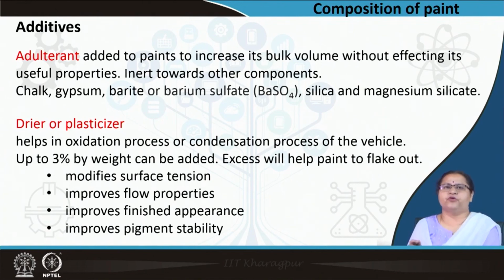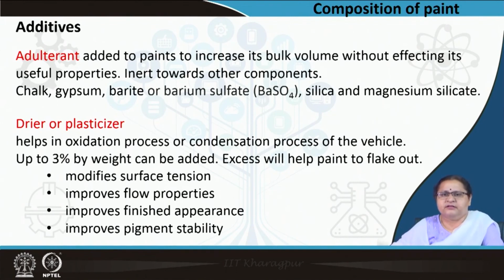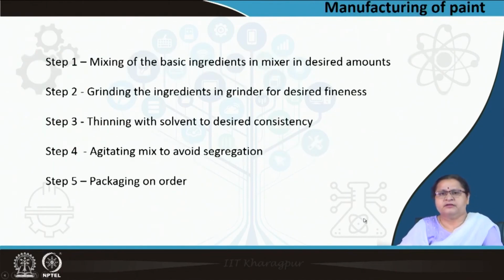So, these four items, basically the base, the vehicle, the adulterants and the dryers, together form the paint. Once we have gone through these basic ingredients, we come to the steps of manufacturing of paint.